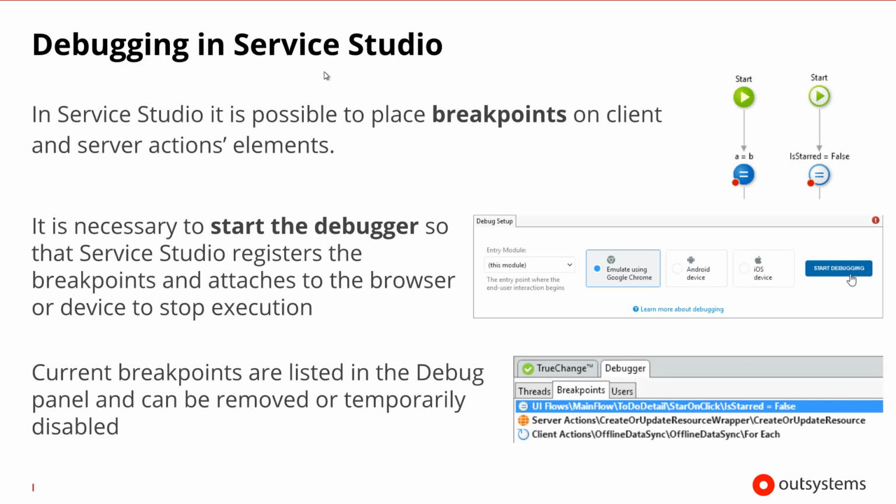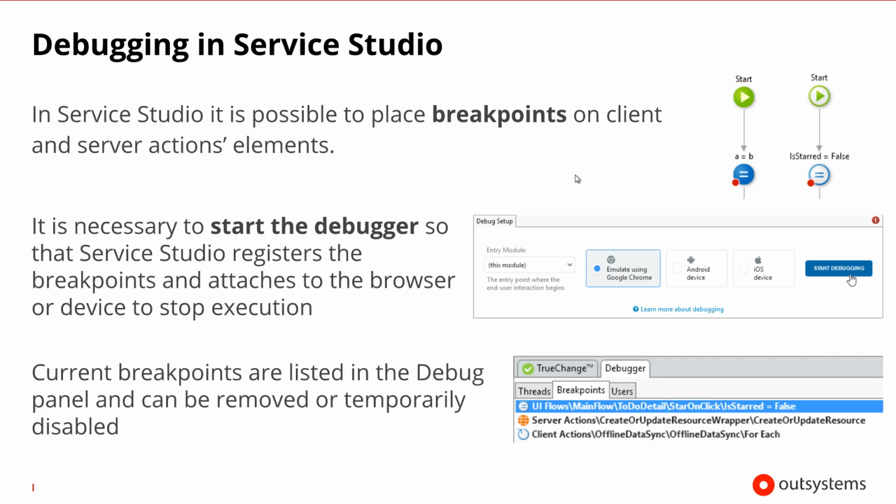Now, debugging in Service Studio is relatively easy because we can place breakpoints on both client and server actions. So here we can see a server action, an assign, and a client assign action, and we can go ahead and right-click on these and ask it to add a breakpoint. And then the little red dot will show up indicating that we have a breakpoint there.